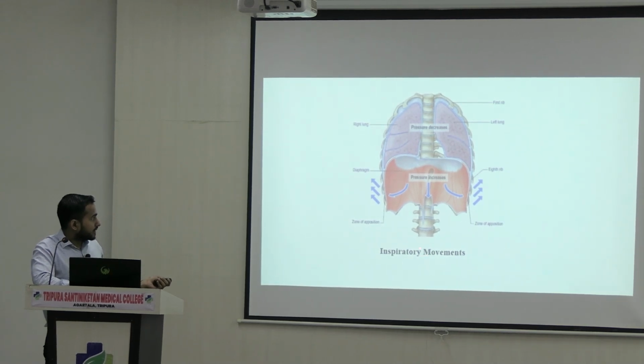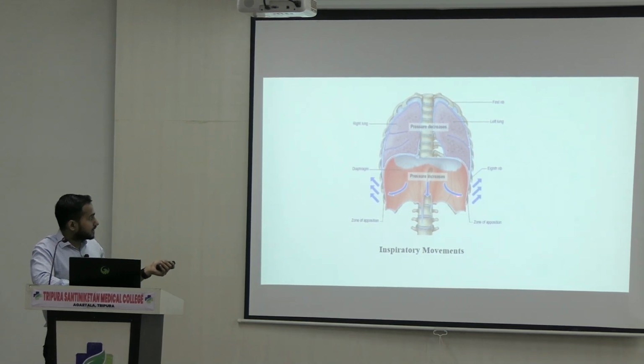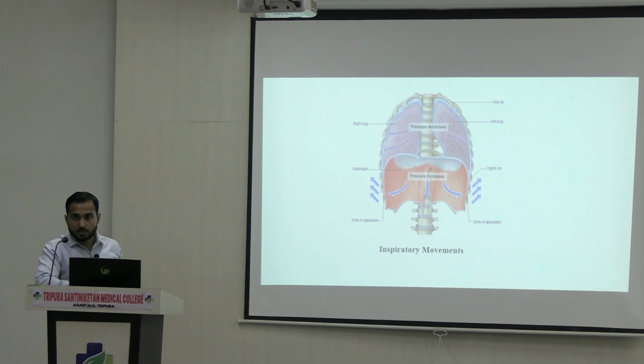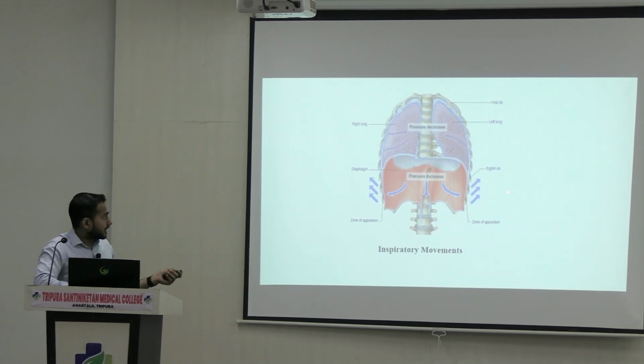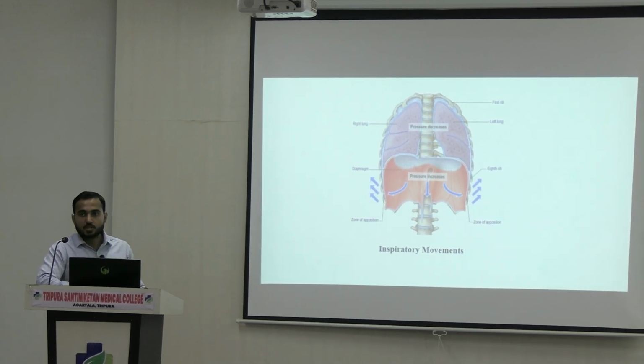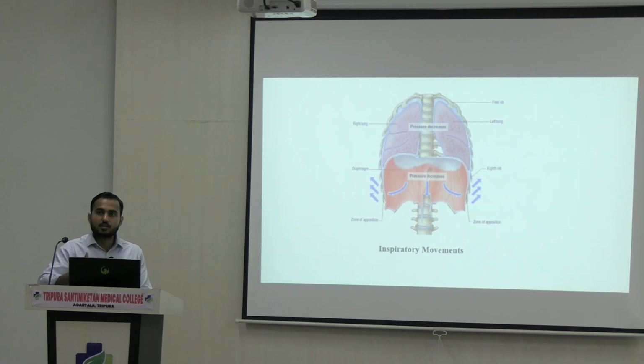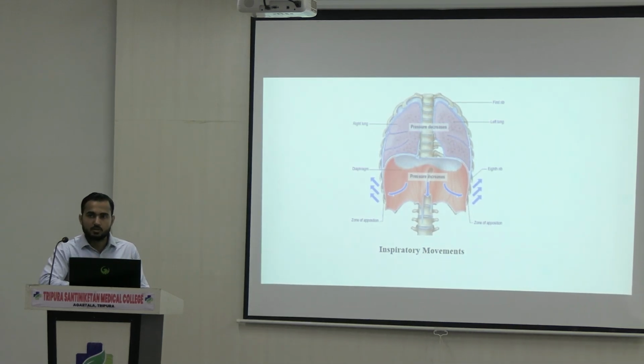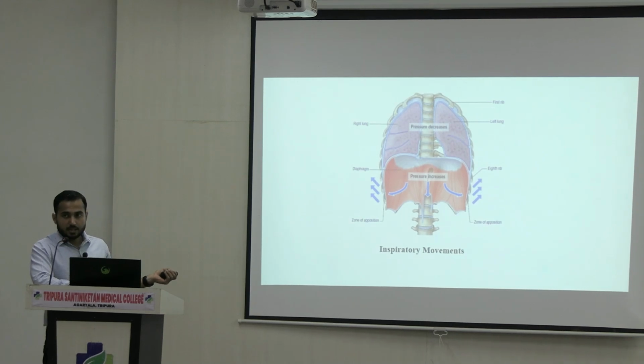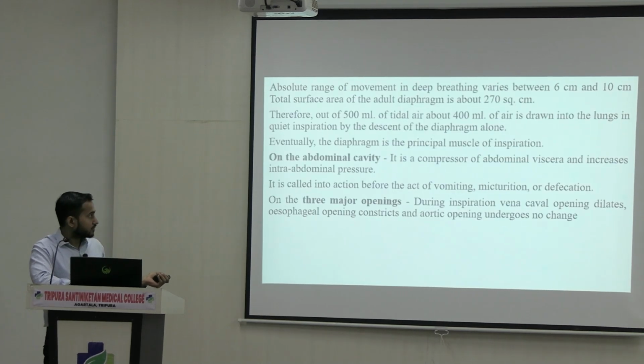As it goes downwards, the vertical diameter will increase. Then you can see the lower ribs move laterally so that the transverse diameter will also increase. As a result, the space in the thoracic cavity increases so that more air can go in, which you have already studied in the respiratory movements.